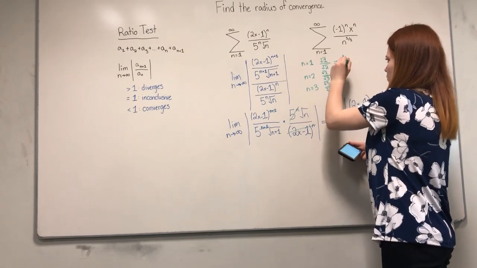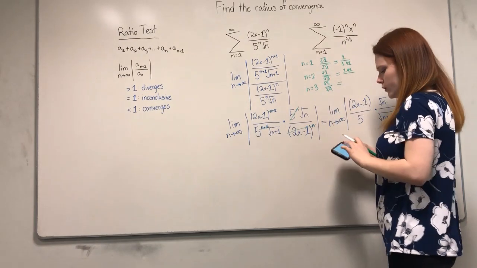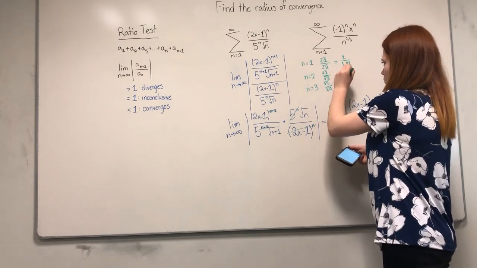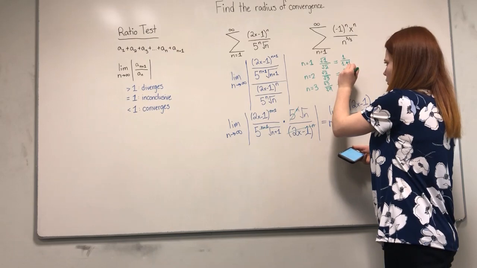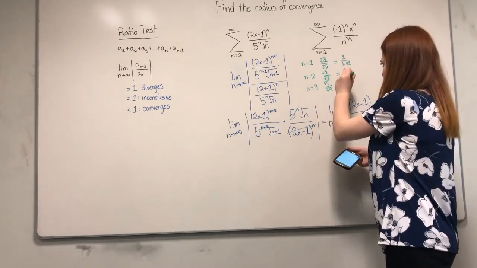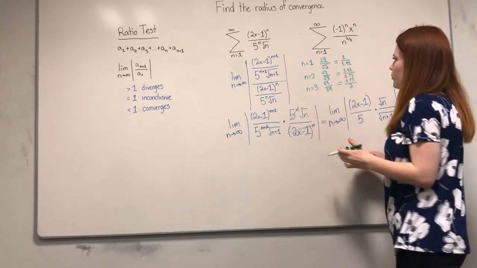We get 1 over the square root of 2, which is 1.41. Then we get 1.41 over the square root of 3, which is, just to look at this in decimal form, 1.732, right?